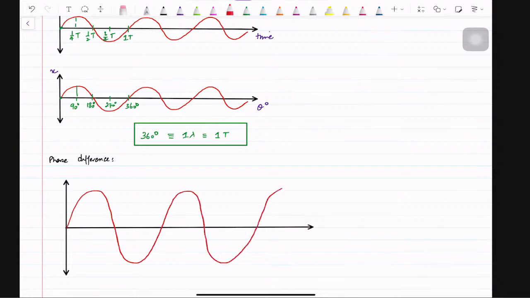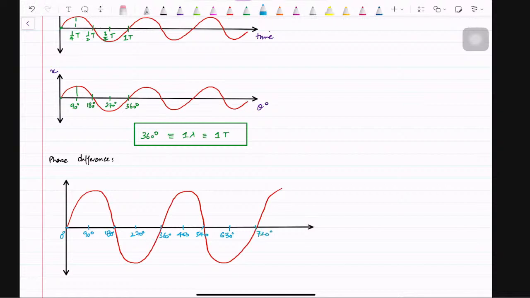Okay, so now let's make it like this: 0, 90, 180, 270, 360, 450, 540, this will be 630, and that's 720, like that.